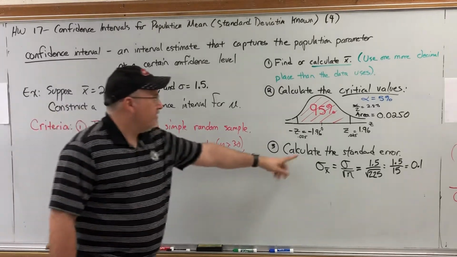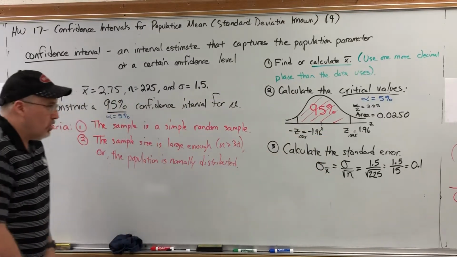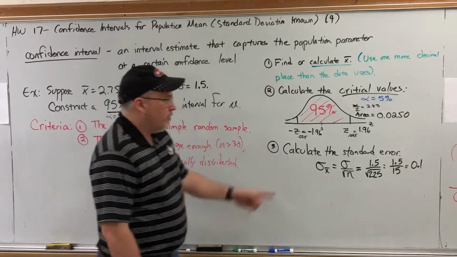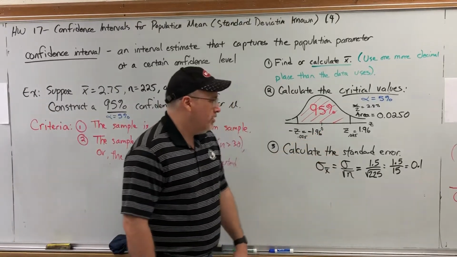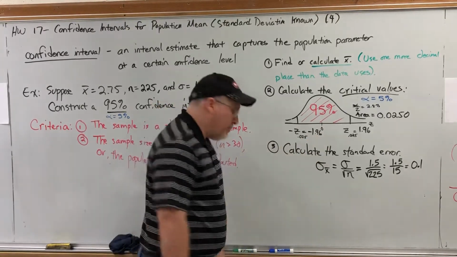So this z is the number of standard deviations from the mean. So we can calculate our margin of error by multiplying the critical value times the standard error. In other words, the product of these will tell us how far to move from the mean.